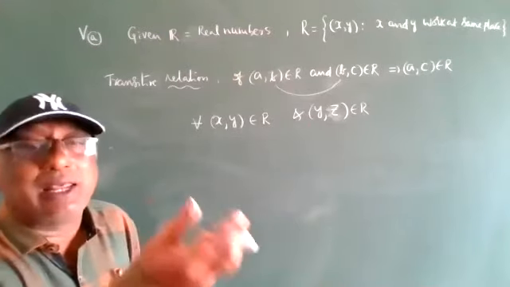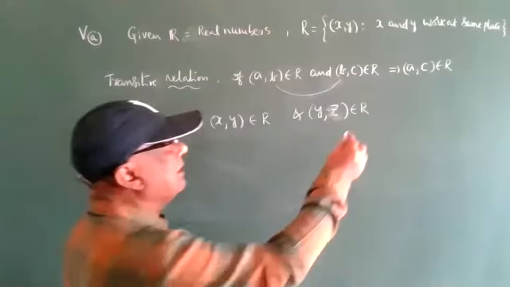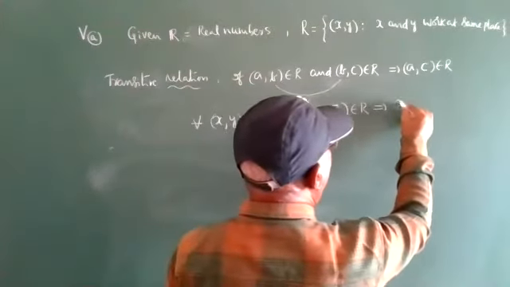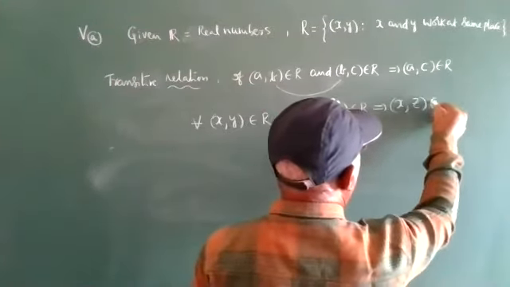Then automatically x and z also stand in the same theater. That implies x and z also belong to the same place. Therefore, hence transitive.